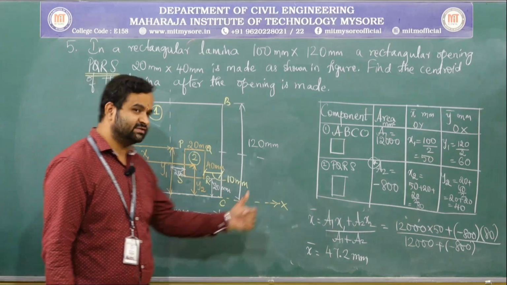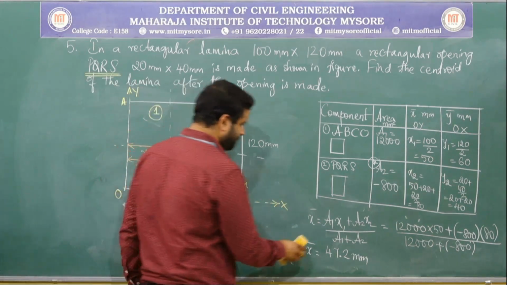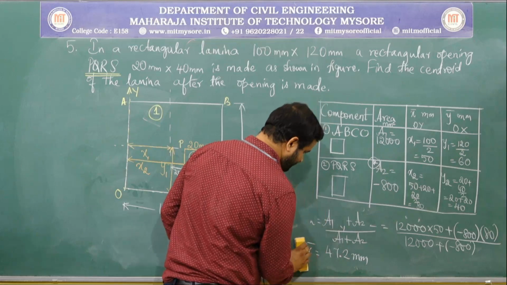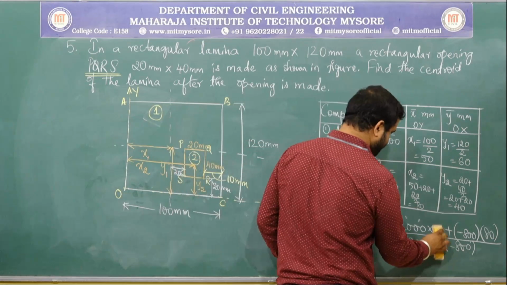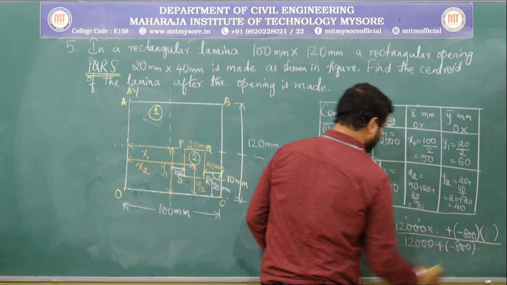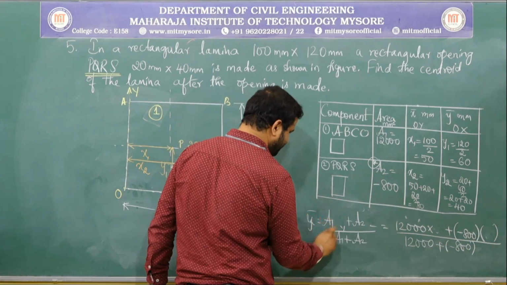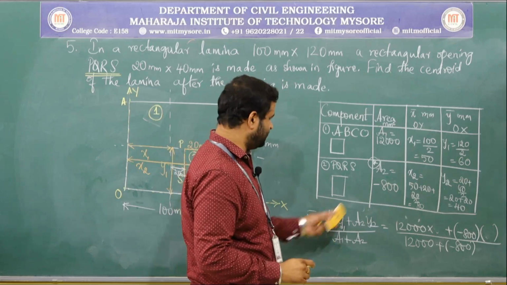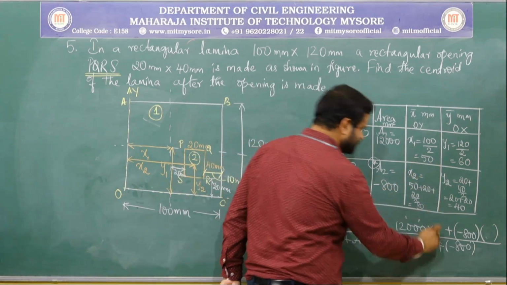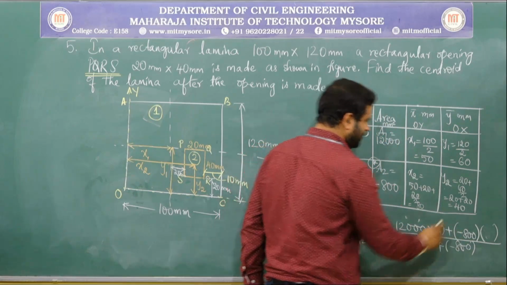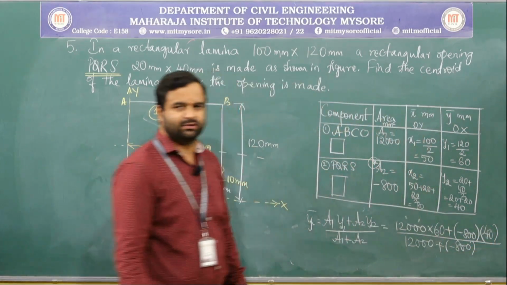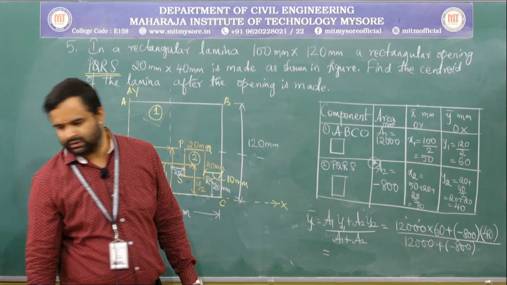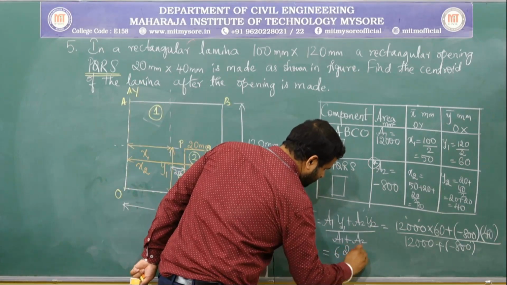Similarly, we shall calculate what is y bar. So, y bar is given by a1 y1 plus a2 y2 divided by a1 plus a2, and a1 is already 12,000, whereas y1 is 60 and a2 is minus 800, y2 is 40, whole divided by 12,000 plus of minus 800, which gives us the value of 62.2 mm.